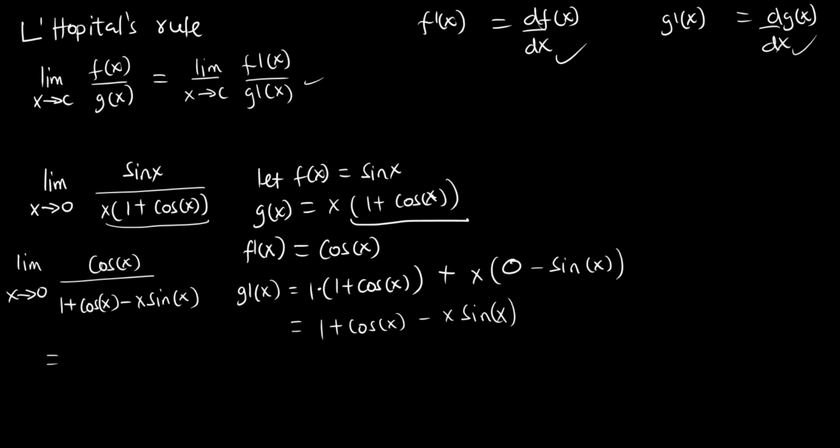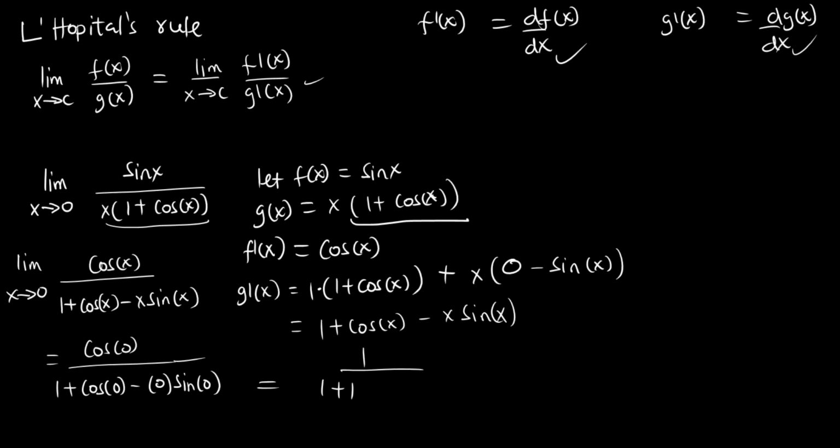So you're going to have cos 0 divided by 1 plus cosine of 0 minus 0 multiplying sine of 0. When you simplify this, cos 0 will give us 1, and then we'll have 1 plus 1, because of this cos 0 here.